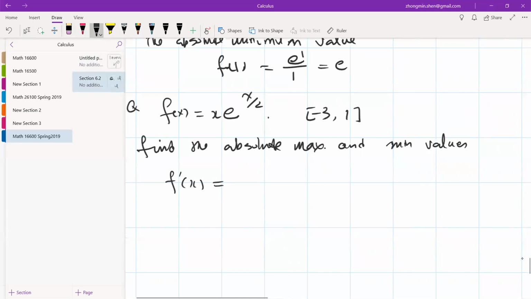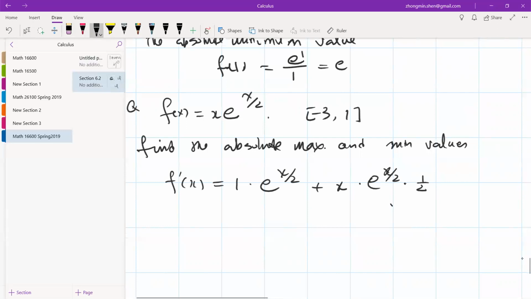So let's find it. It's a product rule, right? It's 1 times e to the x over 2, plus x times the derivative of e to the x over 2, which is times 1/2.